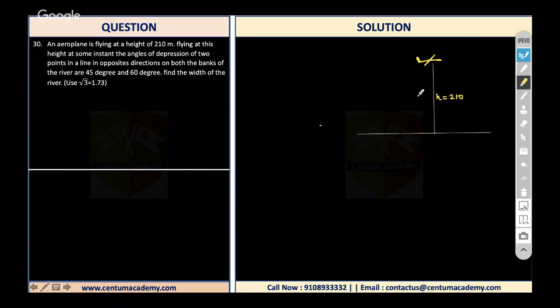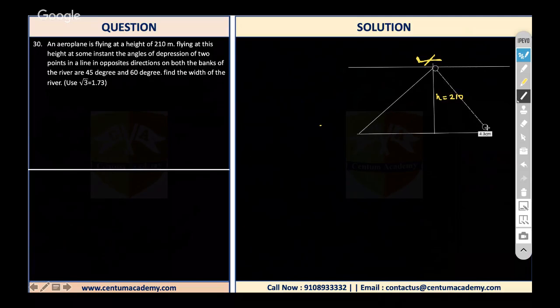The angle of depression of 2 points in opposite directions on both the banks of the river are 45 degrees and 60 degrees. So this is the line of sight, the horizontal, and this is my angle of depression.